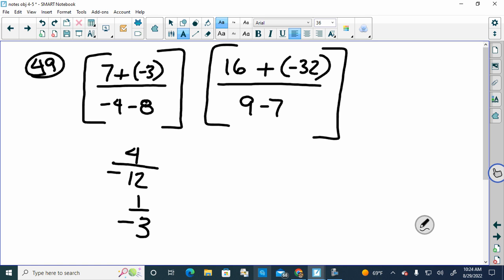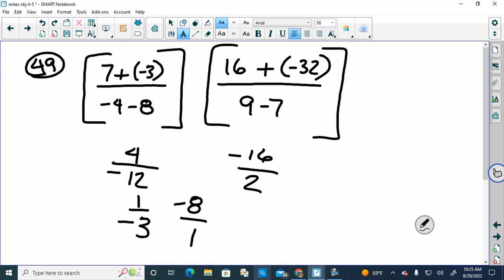Another one, 16 plus a -32 is -16. And then 9 minus 7 is 2. So that would make it a -8. Nothing to simplify, right? Because a 3 can't go into the 8s.